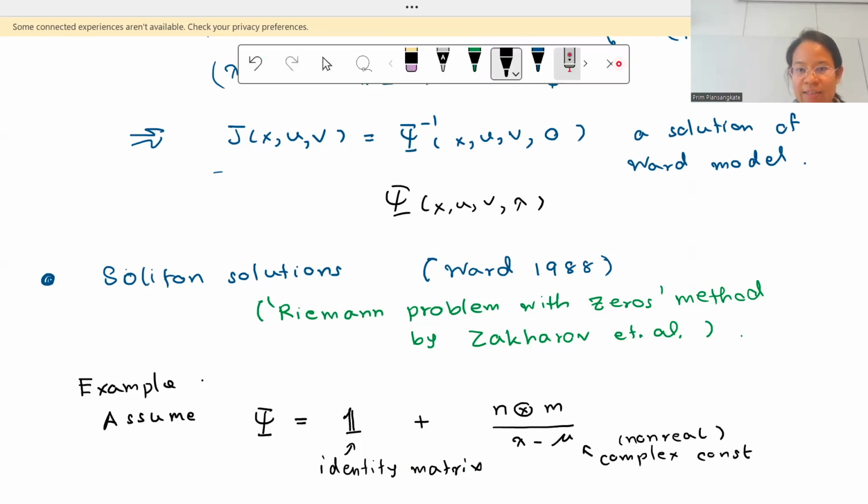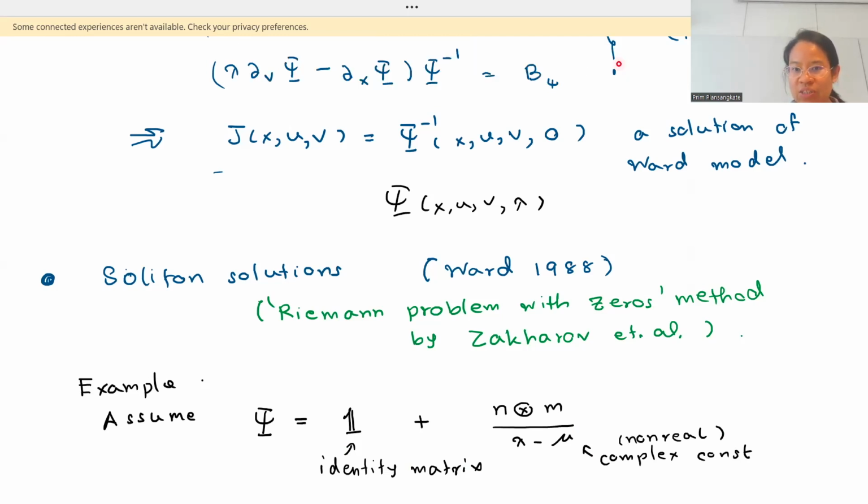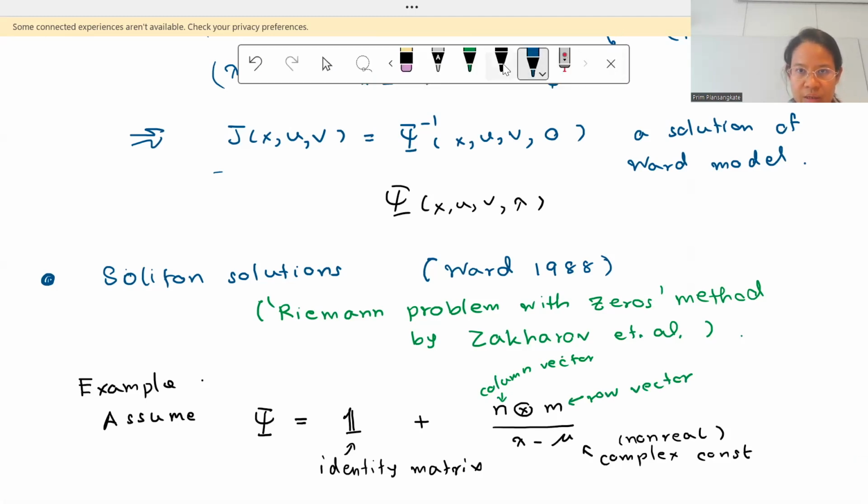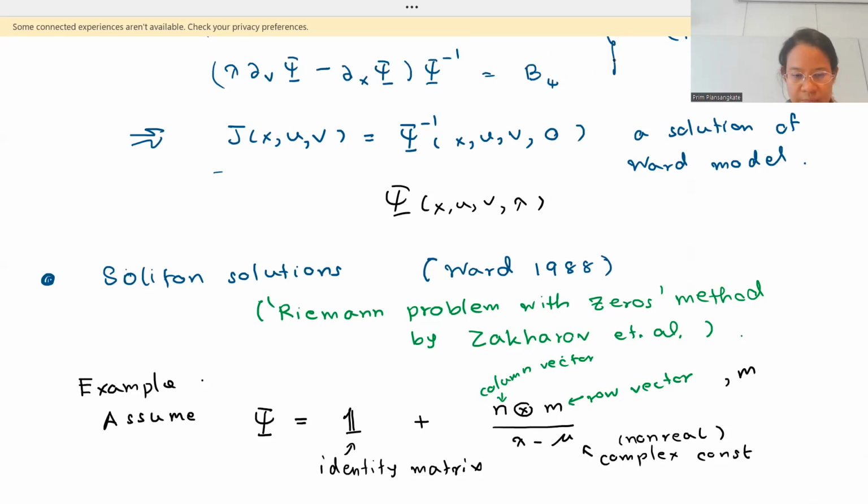So this ansatz assumes that psi has just a simple pole in lambda at mu. And the matrix here, an n by n matrix, this identity, and this you obtain from the tensor product. So it's like you multiply a column vector, N, by a row vector. And M and N do not depend on lambda.